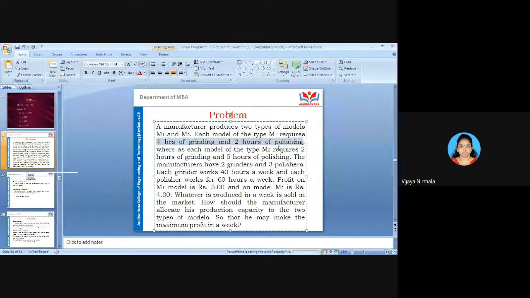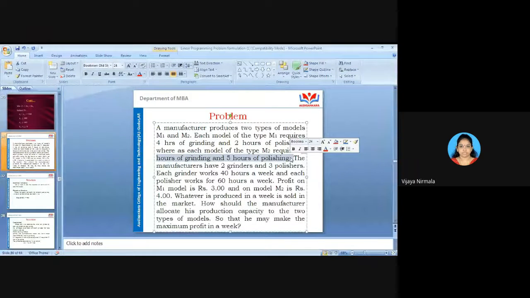Whereas each model of type M2 requires 2 hours of grinding and 5 hours of polishing.